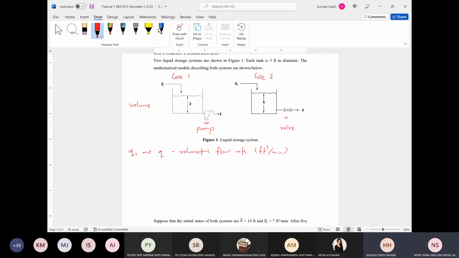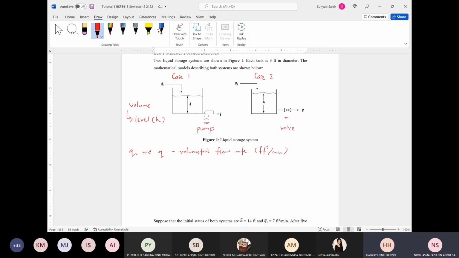This volume can be extended to represent the level, where the variable used is H. Sometimes we refer to H as the height of the liquid inside the tank, or simply call it the level.